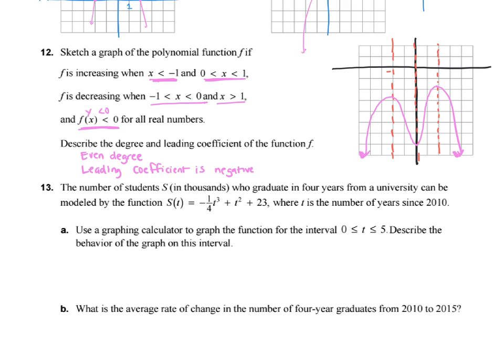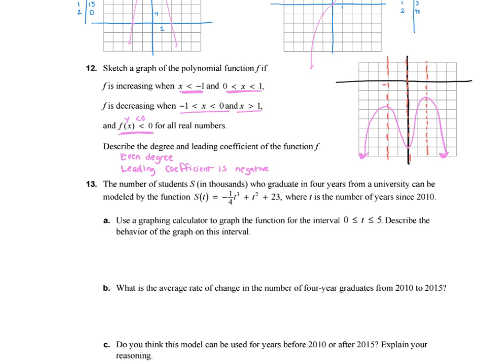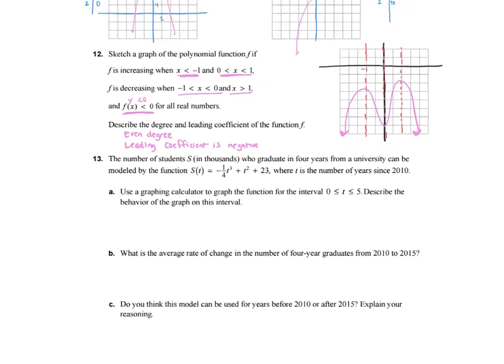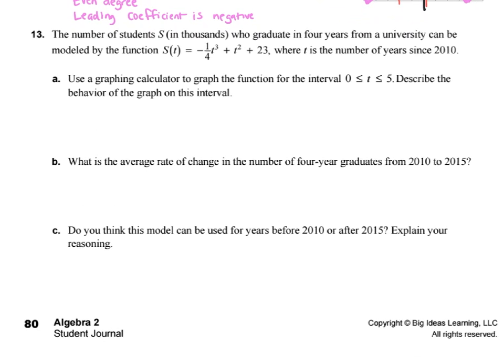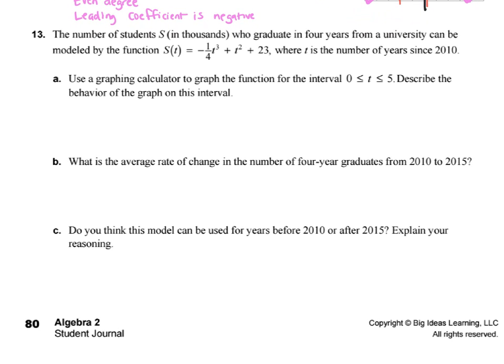Now the last question, question 13. All right, question 13. It says the number of students, S, in thousands, who graduate in 4 years from a university can be modeled by the function S of t, where t is the number of years since 2010.